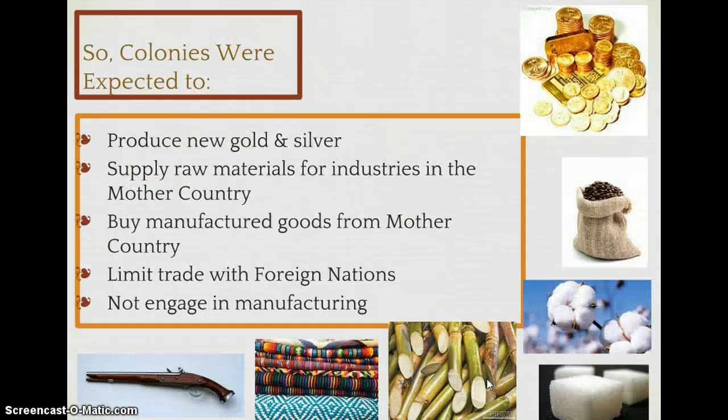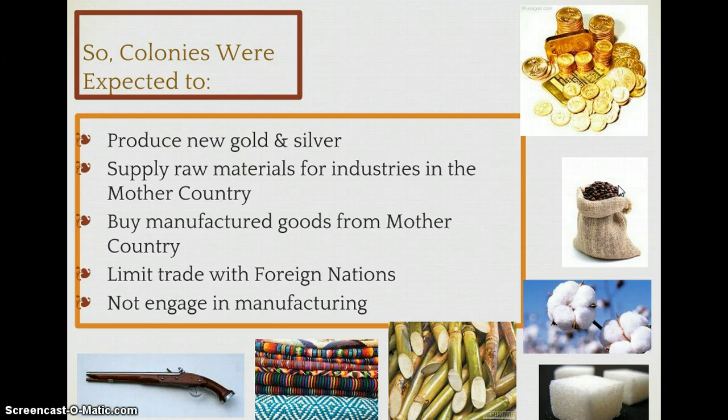So this is why these empires were so crucial and why they were so important, because the colonies were expected to produce new gold and silver. There's some gold there. They were supposed to supply the raw materials for industries. So we're talking about cotton, bamboo, sugar, coffee, all of these things that would go to the mother country, and then those state factories would make stuff.